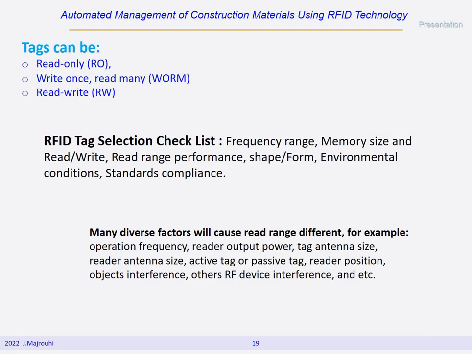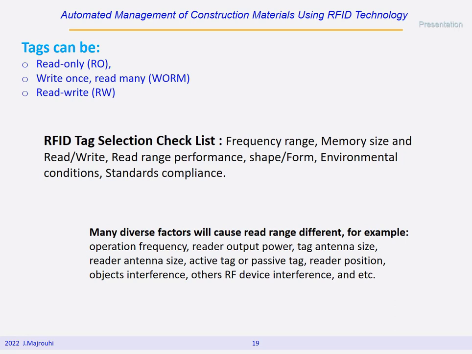There are three types of tags regarding recording information. Some of them are read-only, some of them are read many times but write once, and some of them are read and write. To select an RFID tag, there are some criteria to consider: frequency range, memory size and read-write, read range performance, shape, form, environmental conditions, and standards compliance.